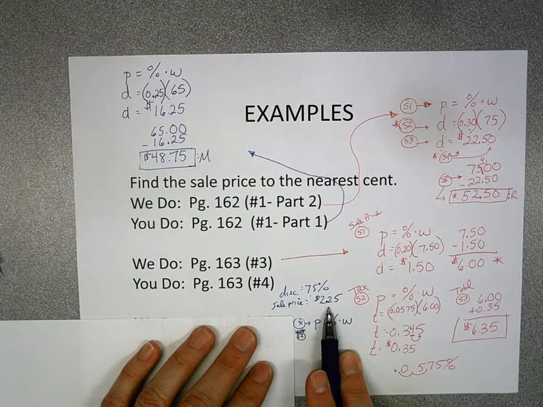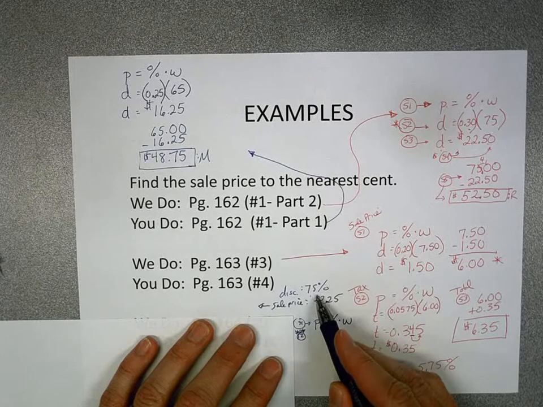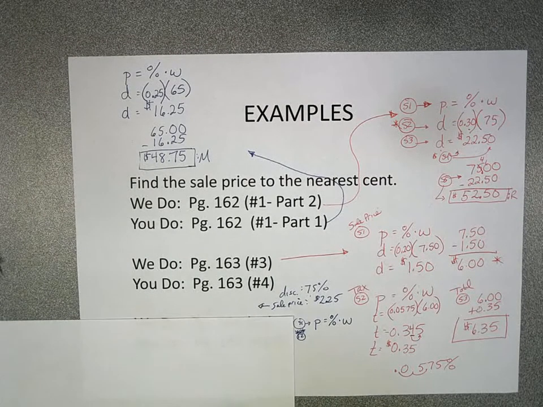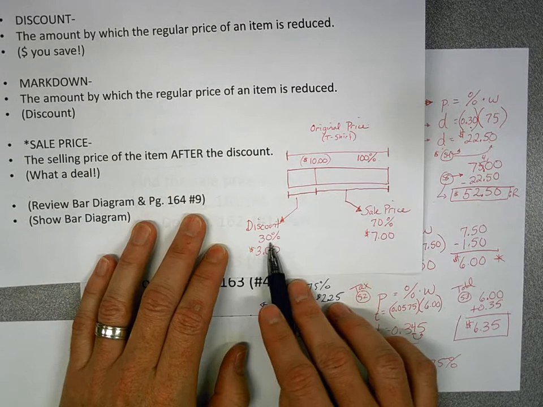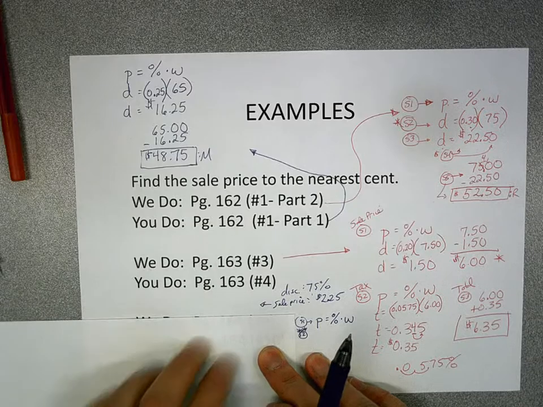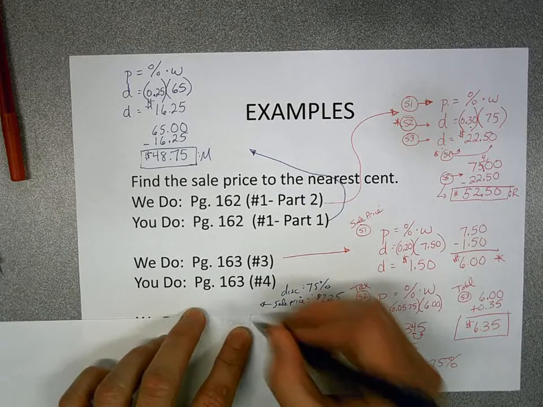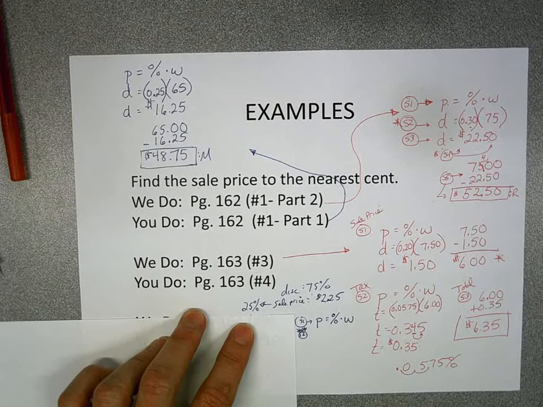What if the discount percentage is 75%, what's the sale price percentage? If the discount is 30%, the sale price was 70%. If the discount percentage was 75%, what's the sale price percentage? 25%. Remember we talked at the beginning of the lesson, they both add up to 100%.